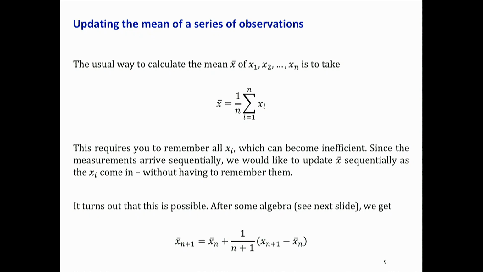And now we make our new observation, x n plus 1. We subtract our previous mean from that. We weight this by 1 over n plus 1, where n is the number of previous observations. And we add it to the old mean. This gives us our new mean.